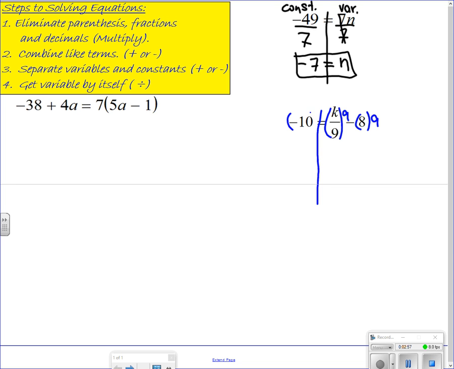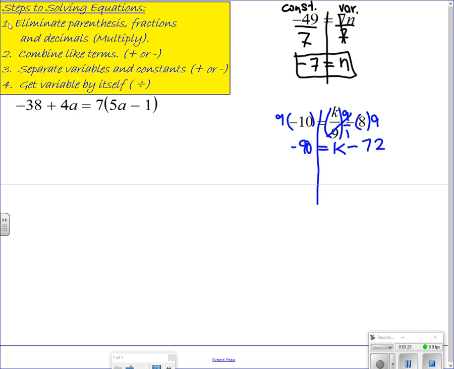9 multiplied by 9. Now 9 times negative 10 will give you negative 90. If that's a fraction, make this a fraction, and you can cancel this. You have k over 1, but k over 1 is just k. The 1 does not affect it, and negative 8 times 9 will give you negative 72.